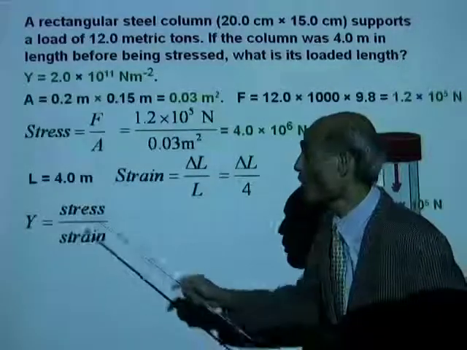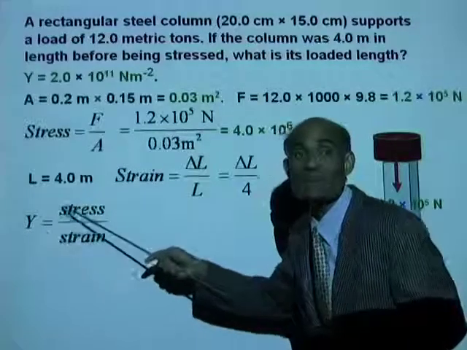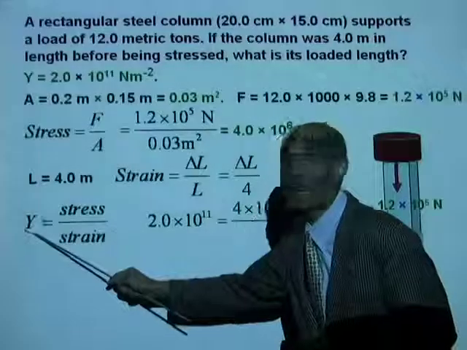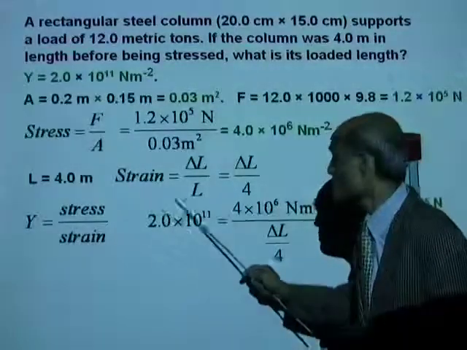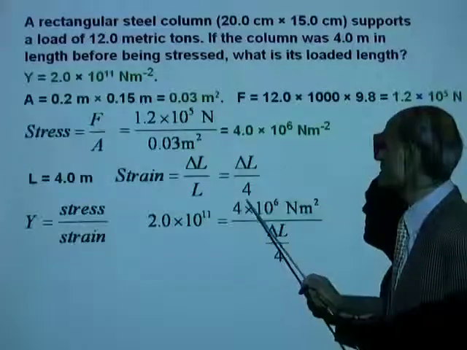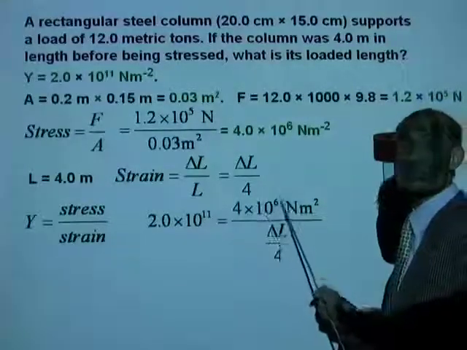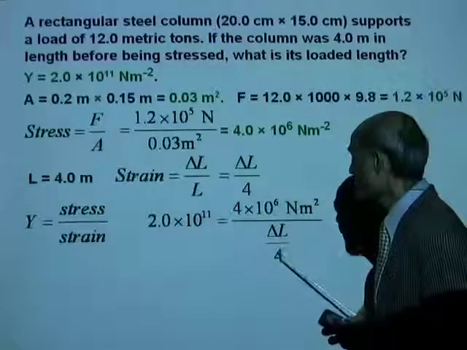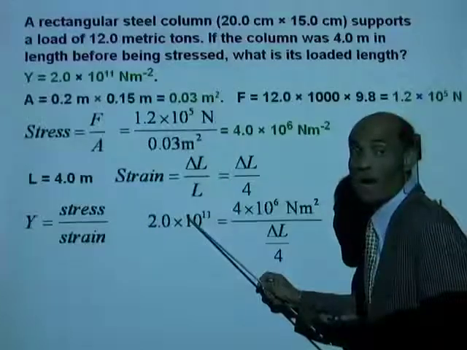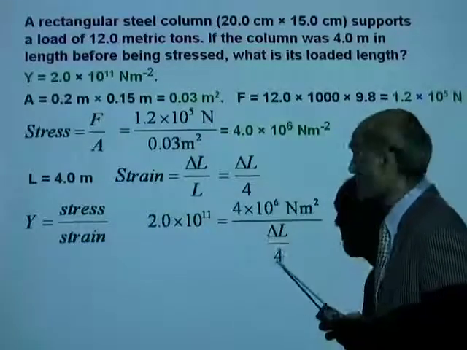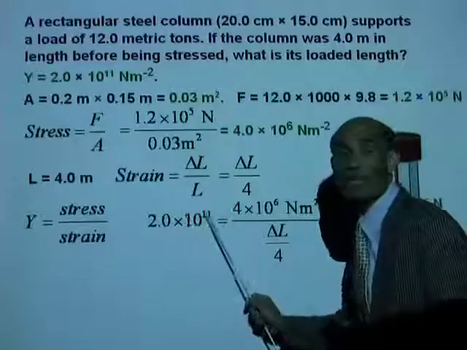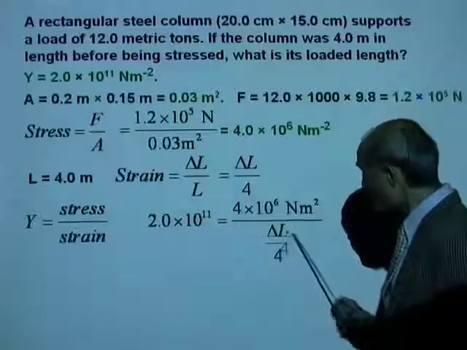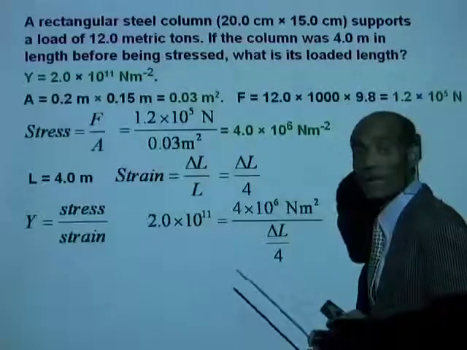What is the equation for Young's modulus? Y equal to stress divided by strain. That means 2 times 10 to the 11 is 4 times 10 to the 6 Newton per meter squared divided by delta L divided by 4. You can see the only unknown here is delta L, the change in length. Can you solve for delta L from here?